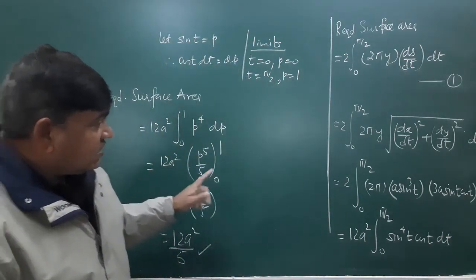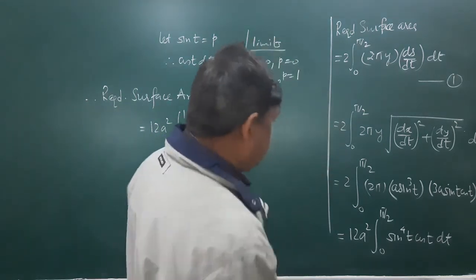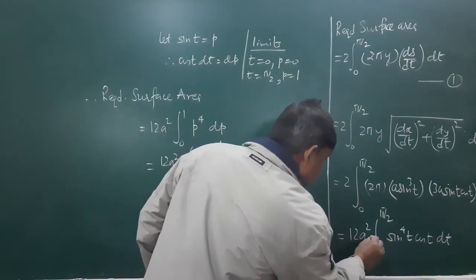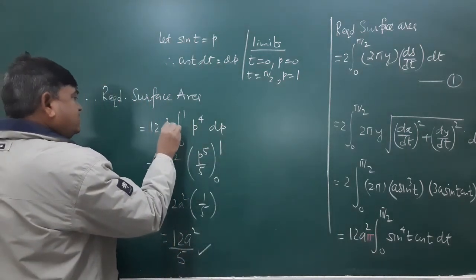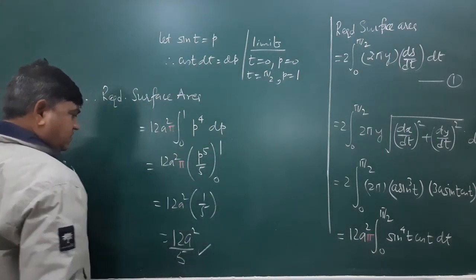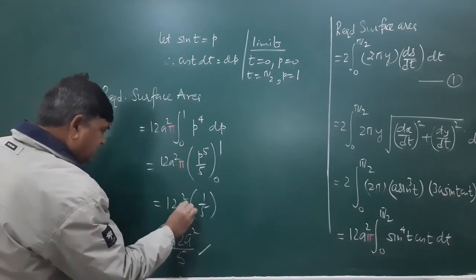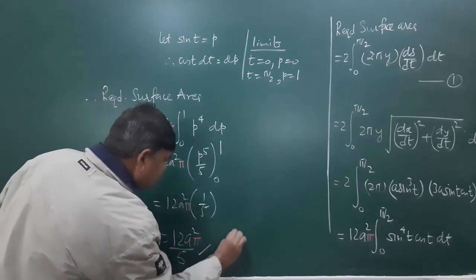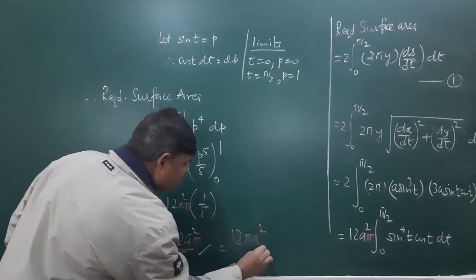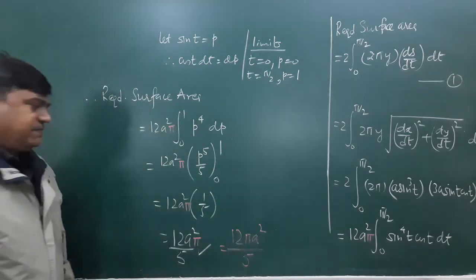I forgot to write pi here. Yes, in terms of pi, definitely forgot this. Here it is pi, here it is pi. So this is 12 pi a square upon 5.